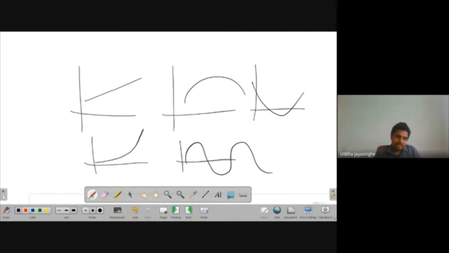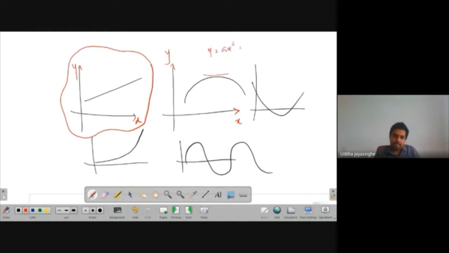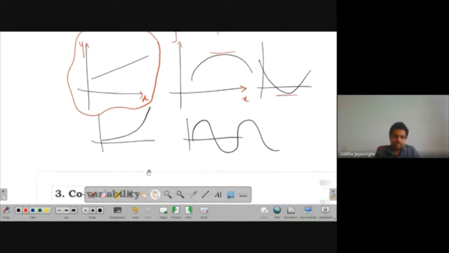What I implied here is that this is the thing which we discussed so far. But that doesn't say that for the two variables x and y there will not be any other relationship. What about this? It's like a quadratic equation, something like y equals ax squared plus bx plus c. It's another form with a minimum and a maximum. This could be something like y equals e to the x, y equals log x.